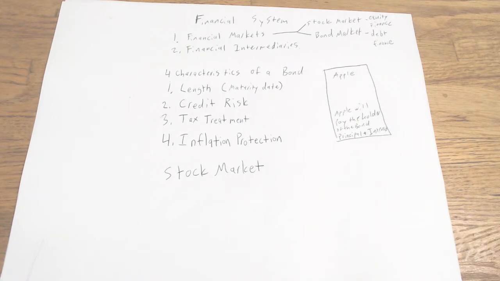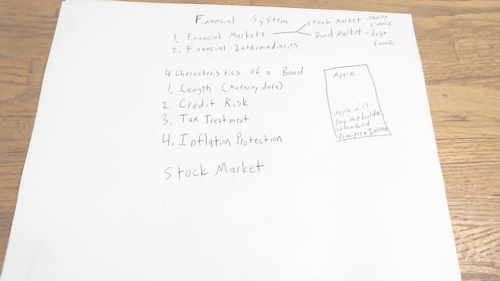Once a firm sells stocks, they generally enter into the stock exchange, where stockholders sell stocks to one another. But when a stock exchanges hands, the firm does not earn any money. So once I buy a stock from Apple and I sell my stock to another individual, Apple no longer gets any money from that trade.